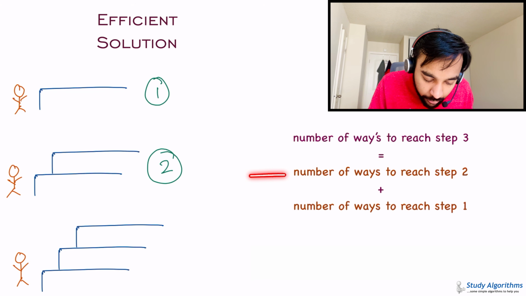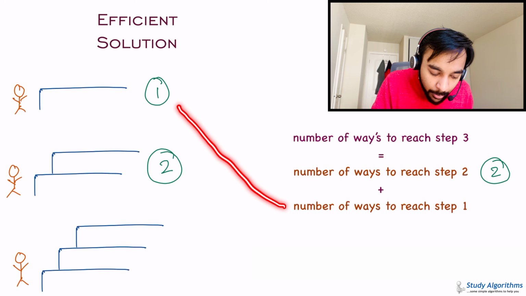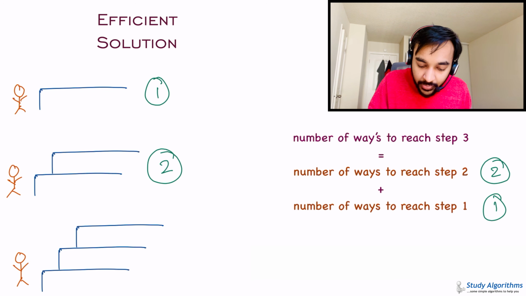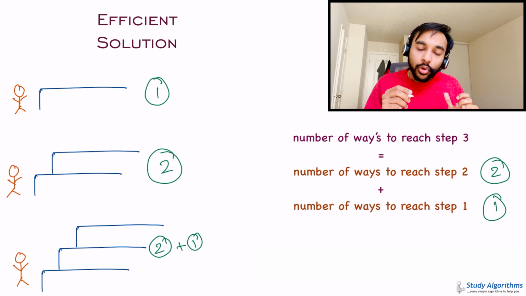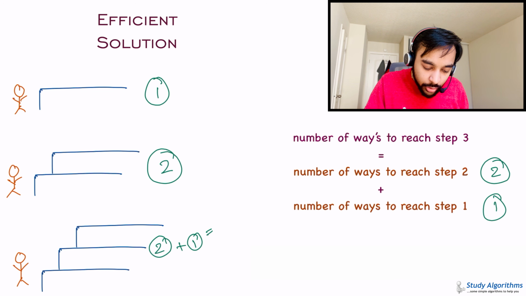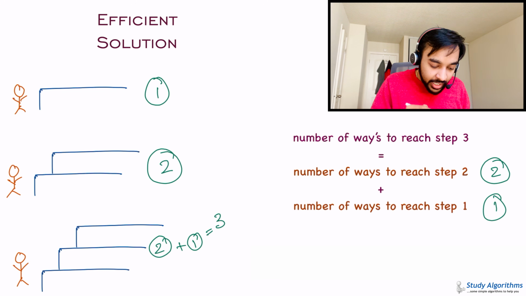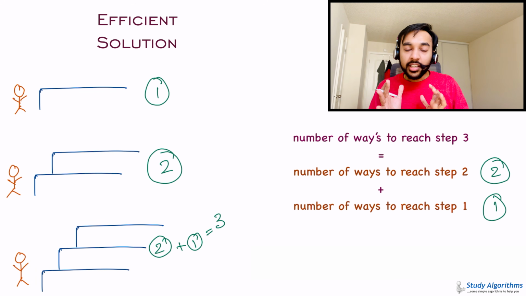You know the number of ways to reach step 2, that is equal to 2, right? And you also know the total number of ways you can reach step 1, and that is equal to 1. When you add up these two values, you will know the total number of ways that you can reach step number 3. And there are a total of 3 ways, right? You know, 1, 1, 1, or 2 and then 1, or 1 and then 2, right?